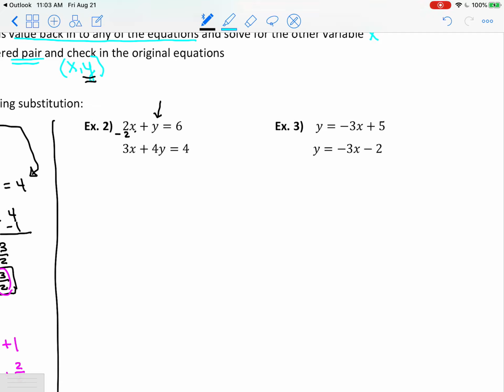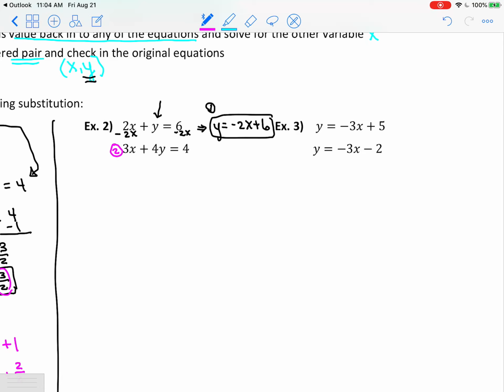So we can move this 2x to the other side. And we'll come up with the equation y is equal to negative 2x plus 6. So now this is going to be the equation number 1 that I'm going to be using, and we'll call this one our equation number 2.